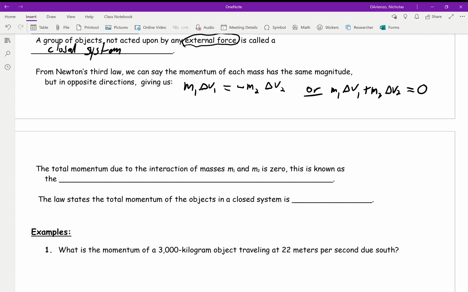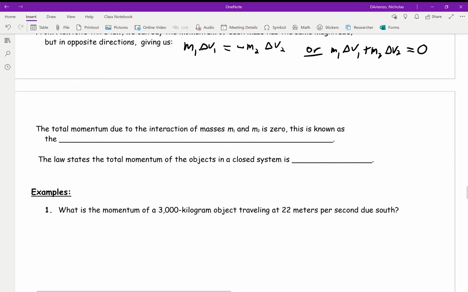Now, the total change in momentum due to the interactions of these two different objects or two different masses is 0. And that's what we call the law of conservation of momentum.